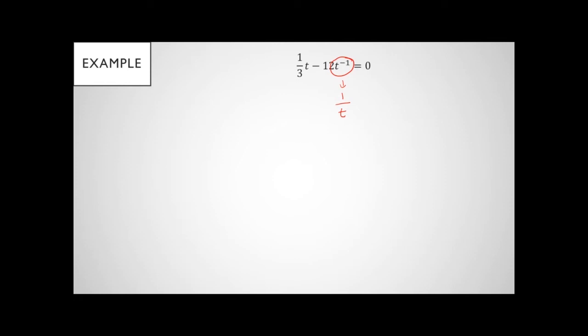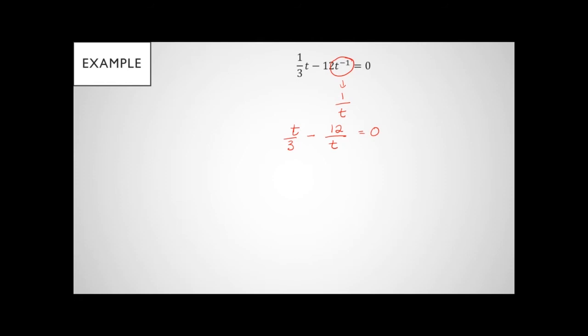So you'd really be looking at 1 over 3t, so you can put that t on the top, minus 12 over t equals 0. So if you have negative exponents, you want to flip them to their positive form, so that way they will all basically cancel out.